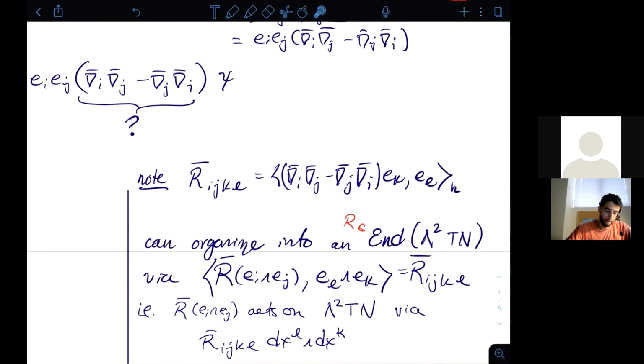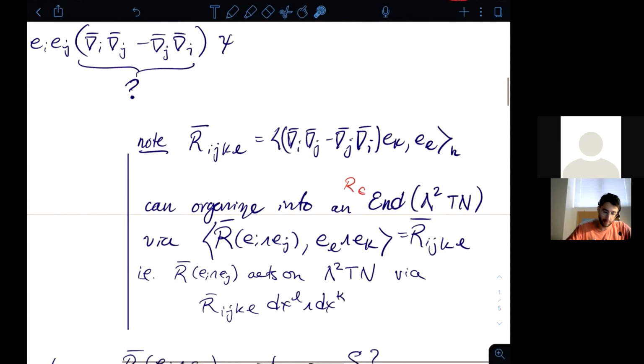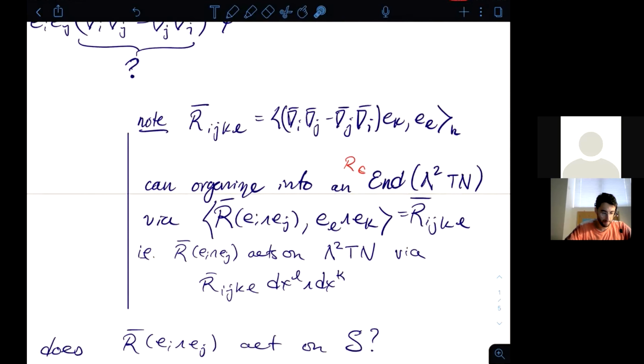In order for this to have the right symmetries, you need to do that. Good. So you can view curvature as an endomorphism of lambda 2.